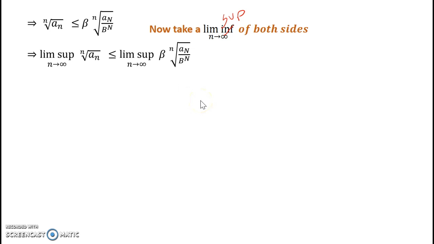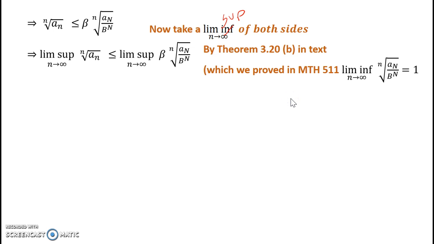And again, by the theorem that we proved last semester, as well as stated by theorem 3.20 part B in the text, we know that this limit here is equal to 1. So I can replace this with 1.